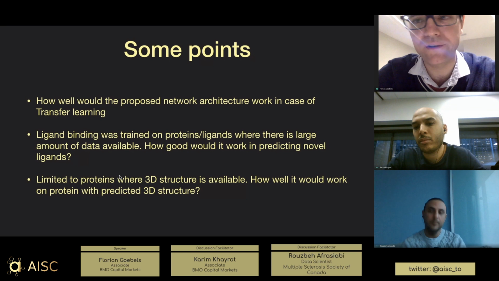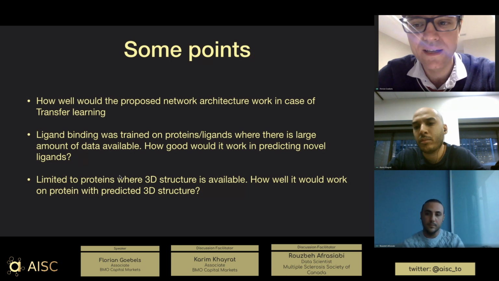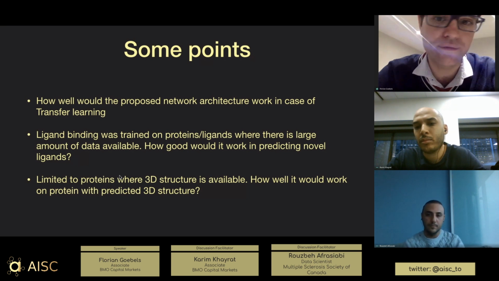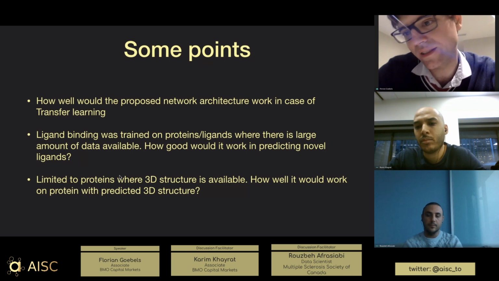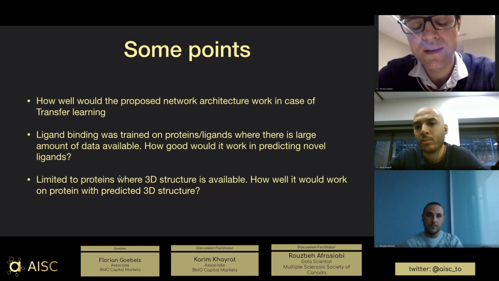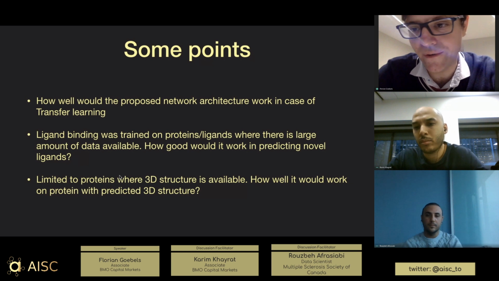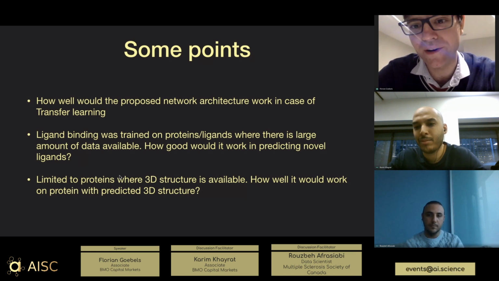But there's a large amount of proteins that don't crystallize. So the whole model cannot work on this set of proteins, right? Technically, you can use AlphaFold or whatever to predict the 3D structure of a sequence, right? But I'm pretty sure it wouldn't work because you're building a model on top of a model, so it's gonna be a mess.